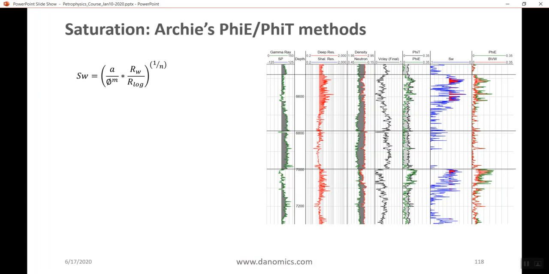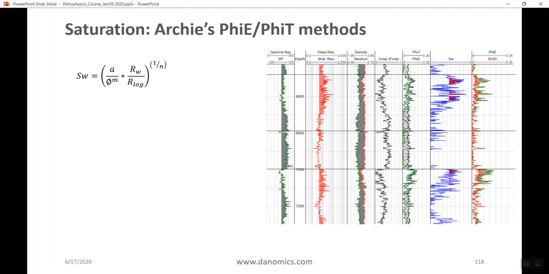So just to start off, let's look at Archie's equation. Very simple, we have the formula here. The water saturation is equal to a over phi to the m. So a is the tortuosity in the rock. It's supposed to represent the flow path in the rock.